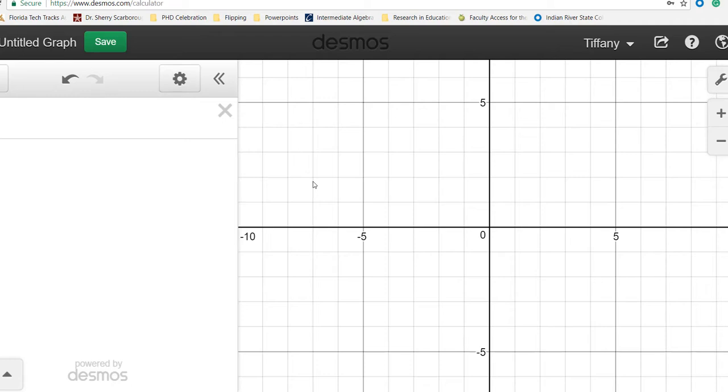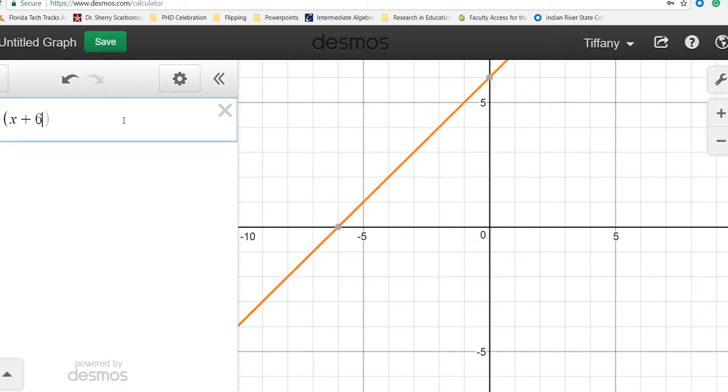I'm using this website called Desmos, and I'm going to enter the sequence, n plus 6 over 2n, divided by.